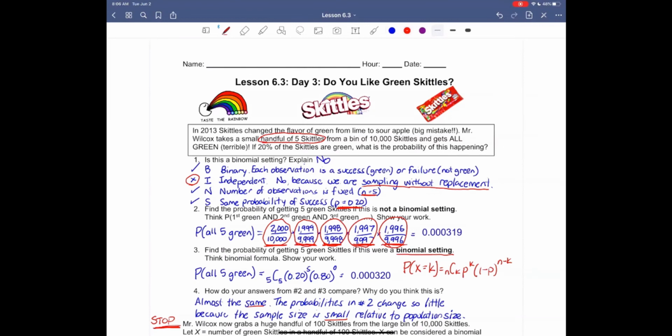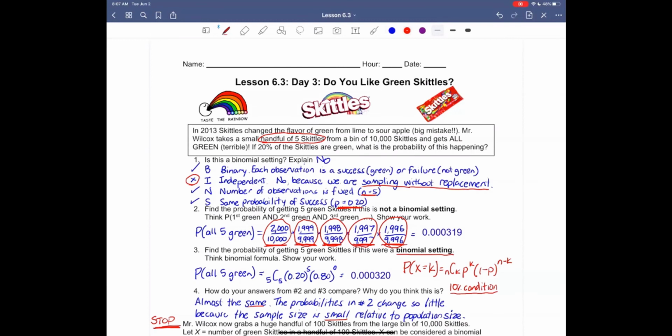But we need to have some sort of general rule about what is a small sample size relative to the population size. And we do have an answer for that, and it's what's called the 10% condition. So let's make sure that you add this out into the margin here. And the 10% condition says that the sample size is small relative to the population. And specifically, we want the sample size to be less than or equal to 10% of the population.